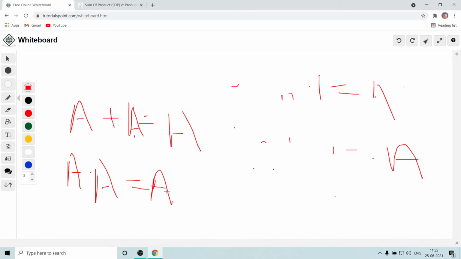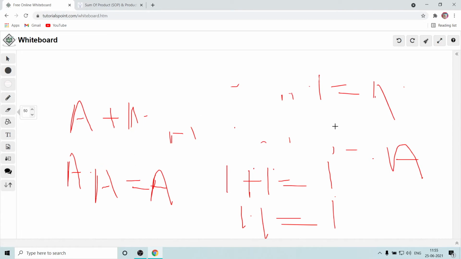The first way is using K-map, but another way, either you can simplify an expression using a K-map or a Boolean law. So A plus A will give you A. That means 1 plus 1 will always give you 1, or 1 dot 1 also will give you 1. Okay, 0 plus 0 is 0, 0 dot 0 is 0. The input can be either 1 or 0.